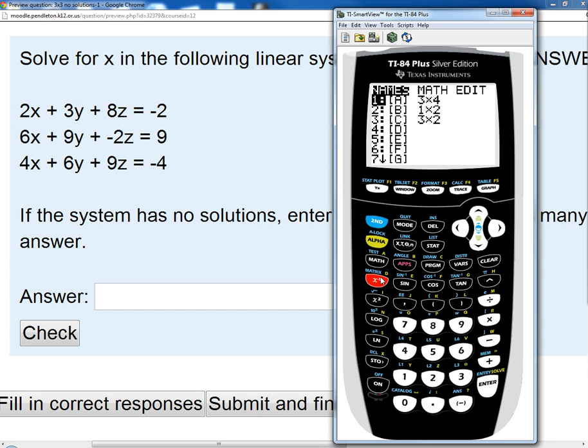Oh, you know what? I shouldn't have cleared that. Let me roll that back. Okay, so there's my answer. Now I'm going to leave that up here so I can go up and recycle it, because I know I've got that already written in there.